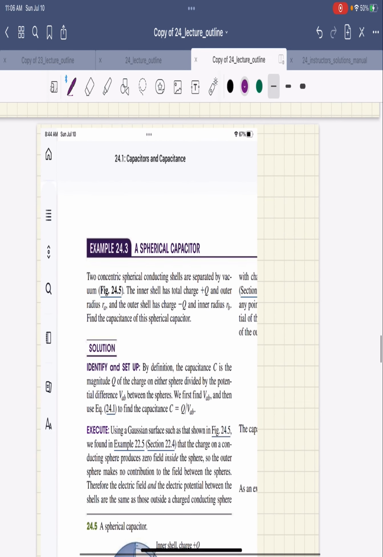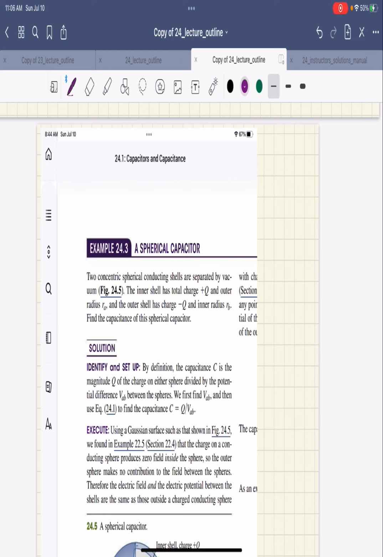Here I have the example, 24.3: two concentric spherical conducting shells are separated by vacuum. The inner shell has a total charge plus Q and outer radius RA, and the outer shell has charge negative Q and inner radius RB.